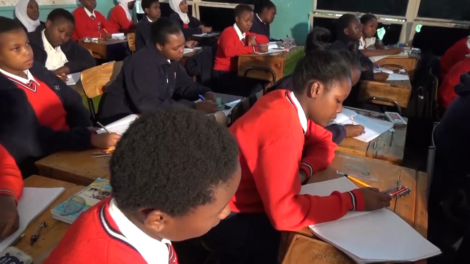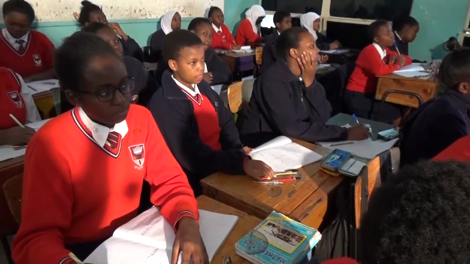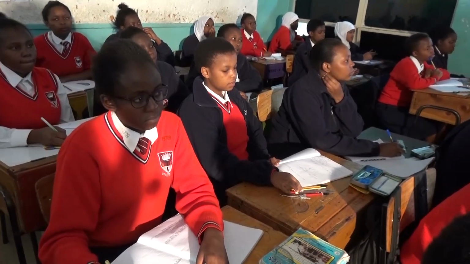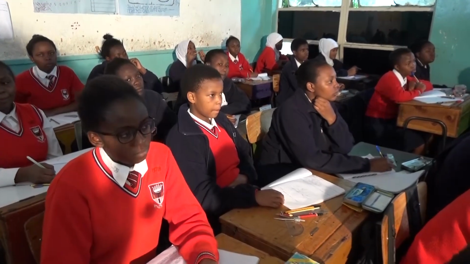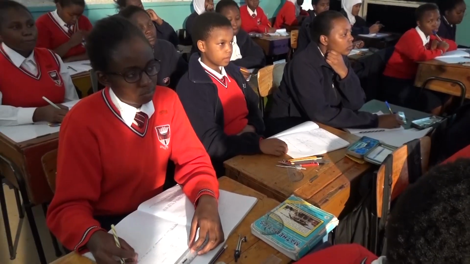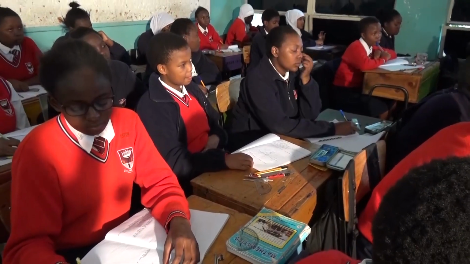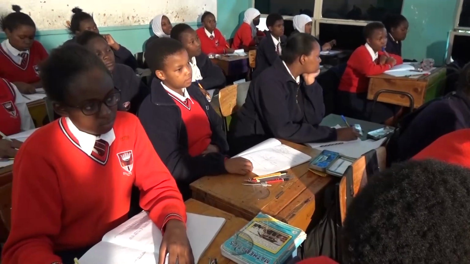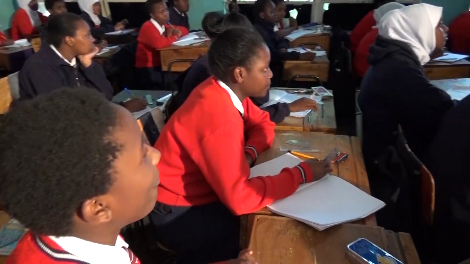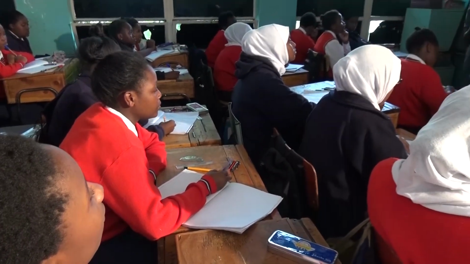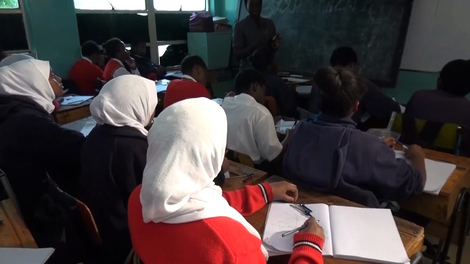Before we even look at how we go about it, when we talk of altitude, what comes into your mind? Height. When we talk of altitude, height comes to your mind. So we are dealing with a triangle.